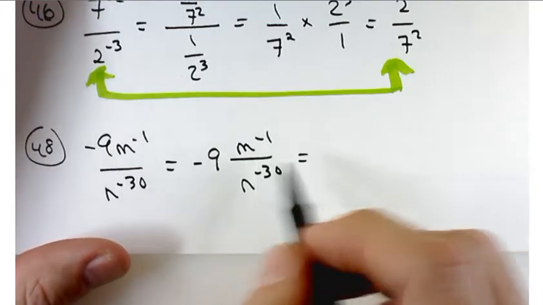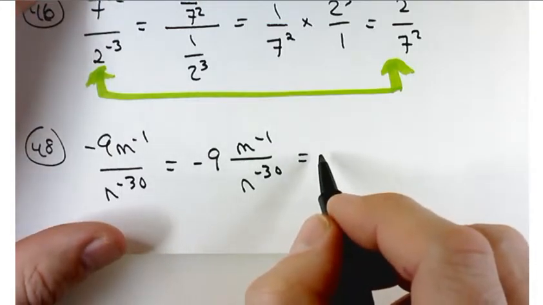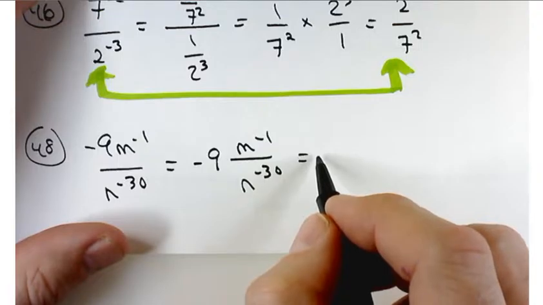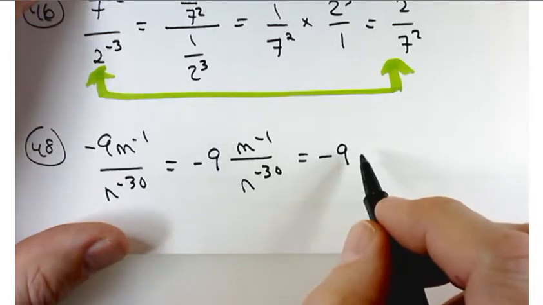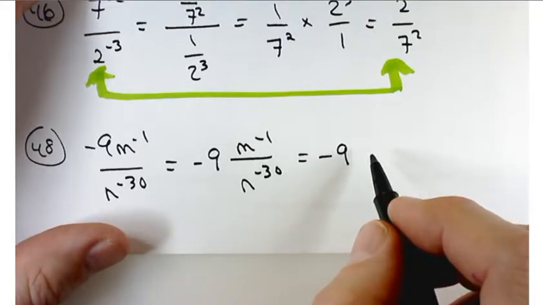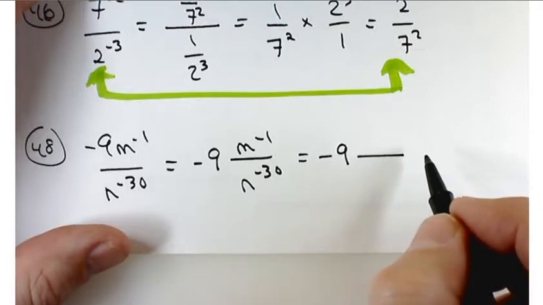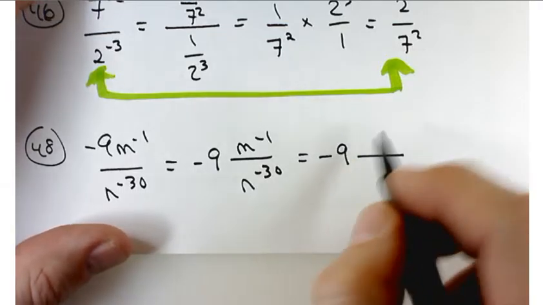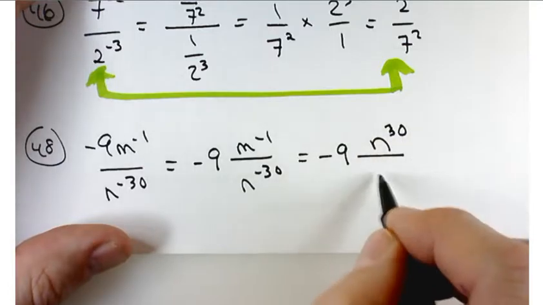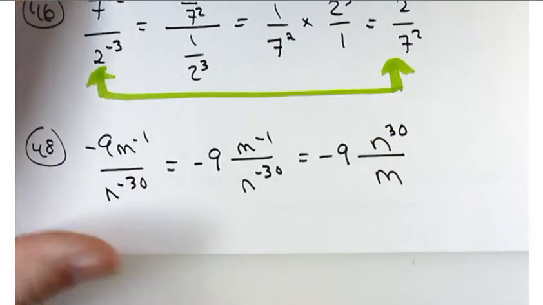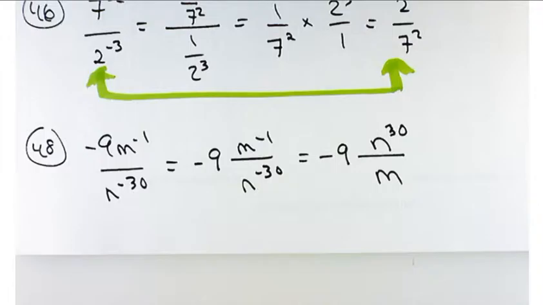Madeline, how does this simplify, or how could I rewrite it? So what would I get? Yeah, just m to the first power, or just better yet, just m.